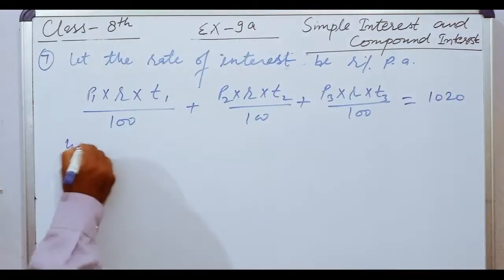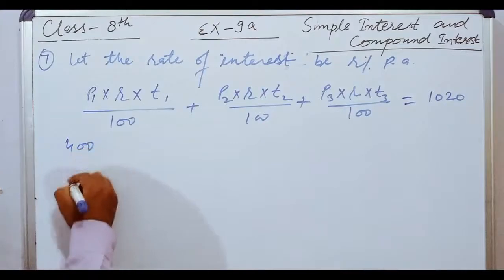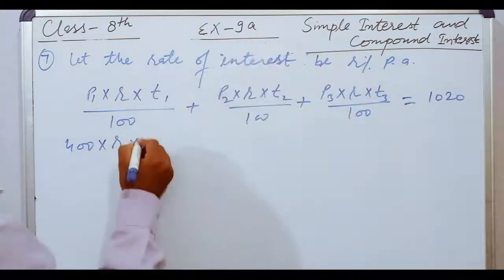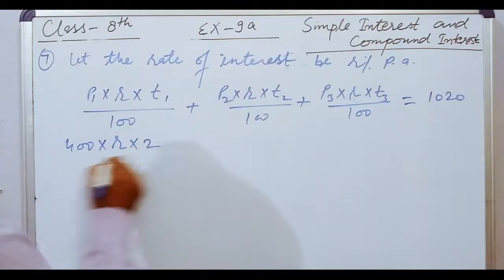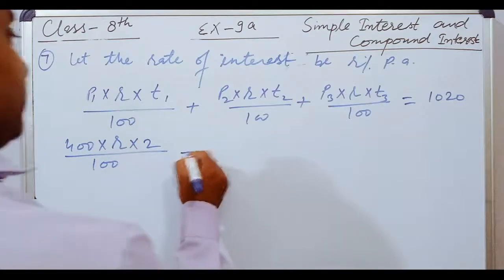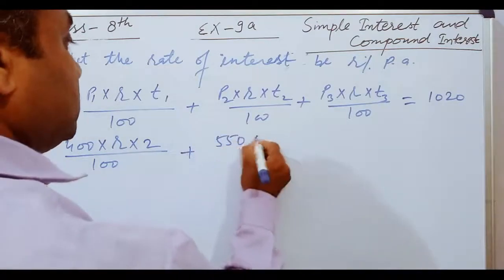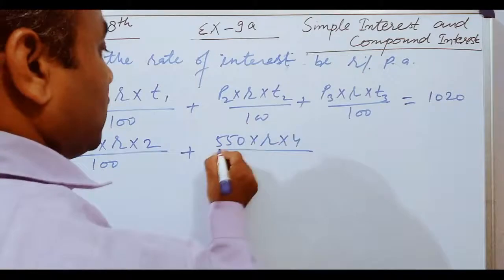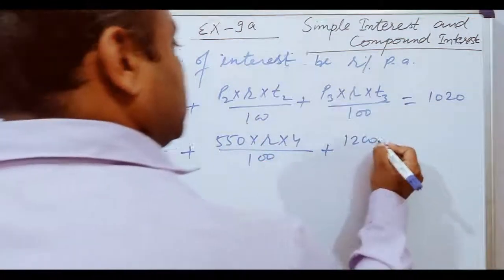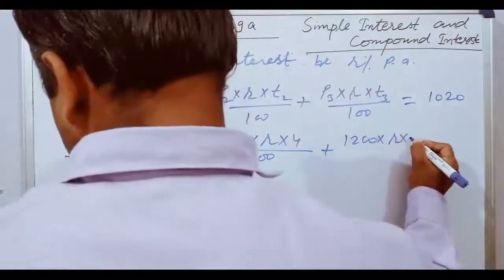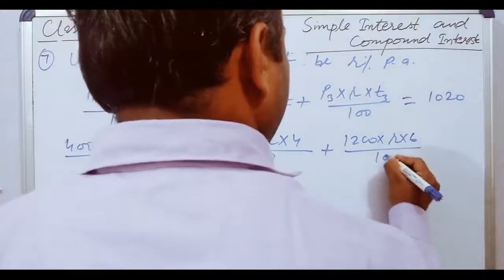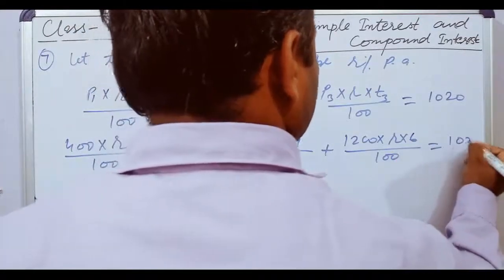Principal 400 into R, and T 2 years, upon 100, plus 550 into R into 4 upon 100, plus 1200 into R into 6 upon 100 equals 1020.